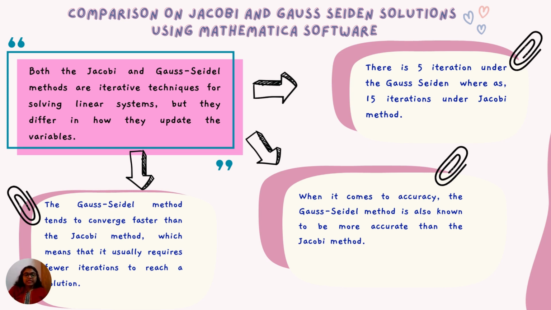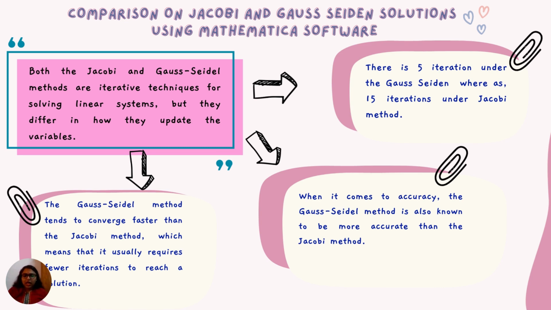The third one is that, when it comes to accuracy, the Gauss-Seidel method is also known to be more accurate than the Jacobi method. Let's see why. This is because the Gauss-Seidel method utilizes updated values of the variables as soon as they become available during each iteration.